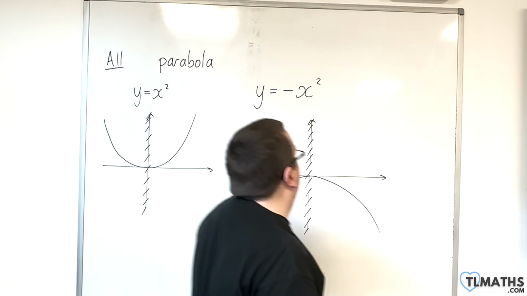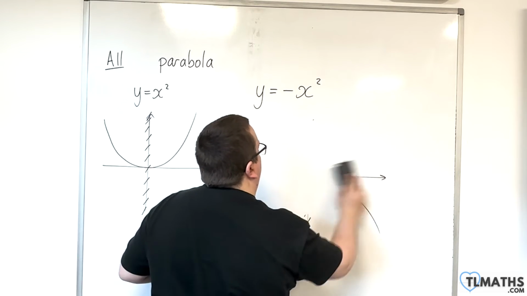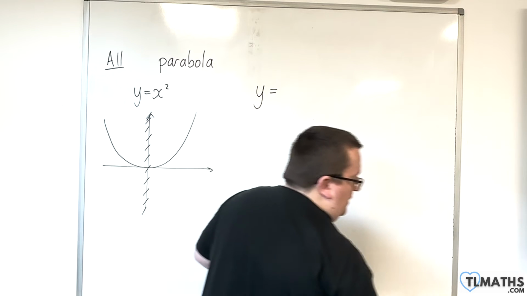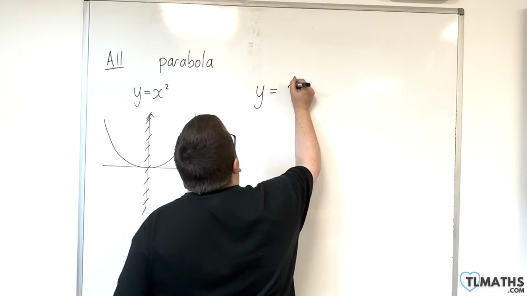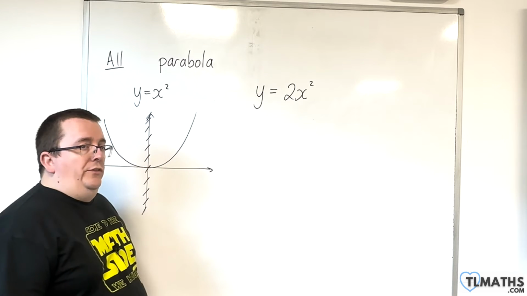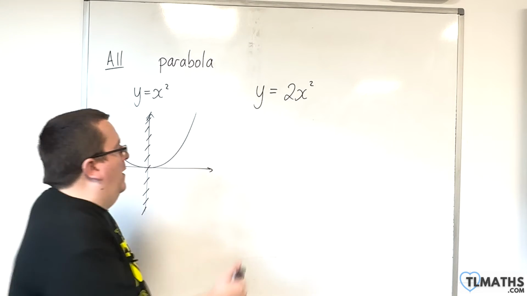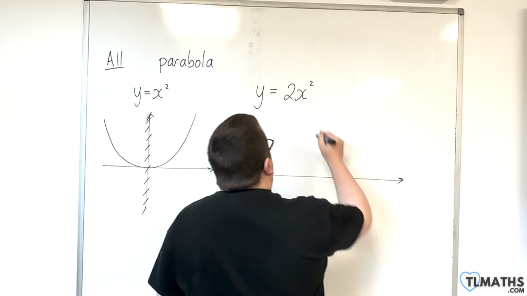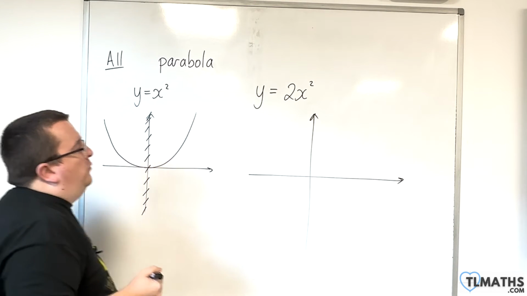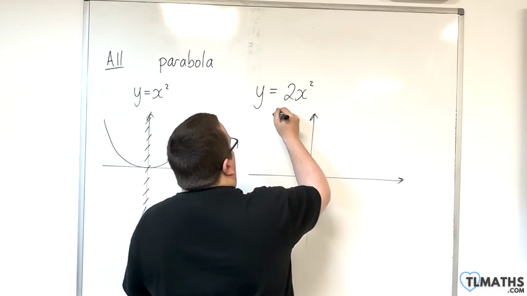Now, what if, instead of putting a minus sign in front, we put a 2 in front? What does that do? Well, is it still a parabola? y equals 2x squared will look like this.